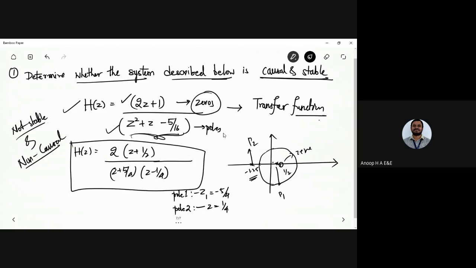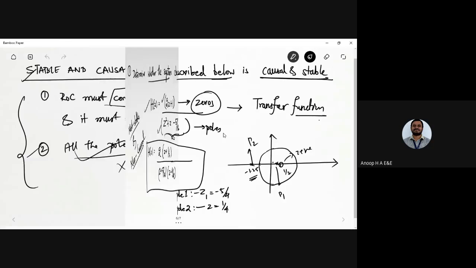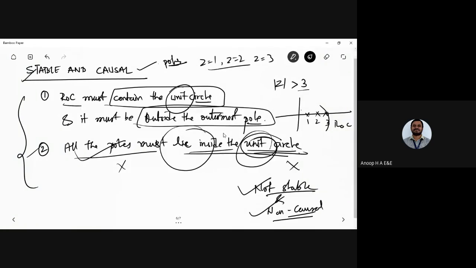Hope you are getting what I'm doing here. Understand carefully the statements I have discussed. The ROC must contain the unit circle, and it must be outside the outermost pole.